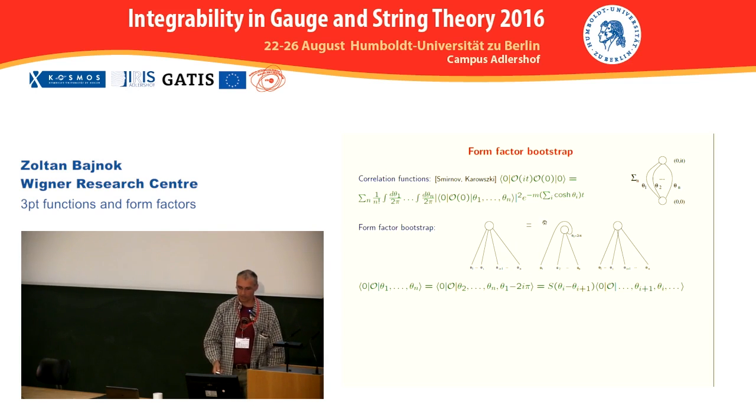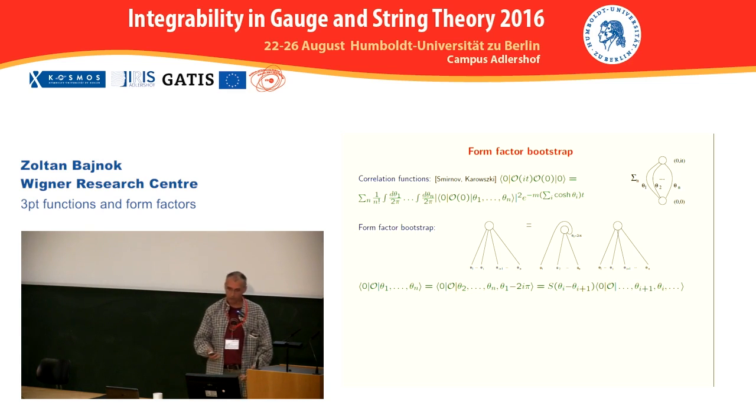You can cross this particle up and back again, and it should be the same process. So this form factor should satisfy this so-called periodicity property. Alternatively, you can shift the trajectory a bit such that these two particles meet before reaching the operator. This means if you exchange the order of these two particles in the form factor, then you pick up the S matrix. So these are the functional equations I'm supposed to solve, and then I will have the form factor.